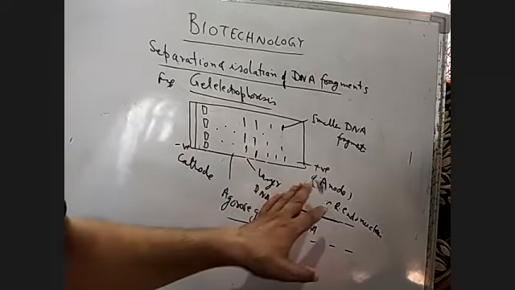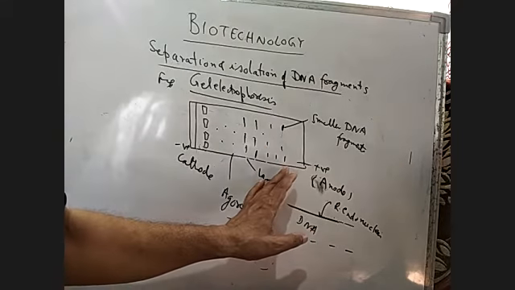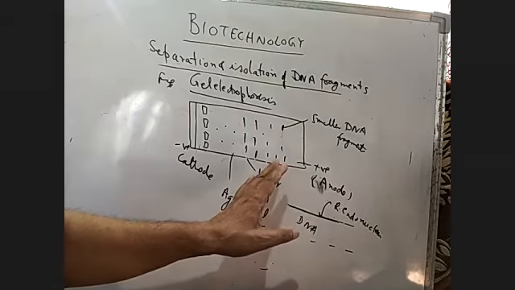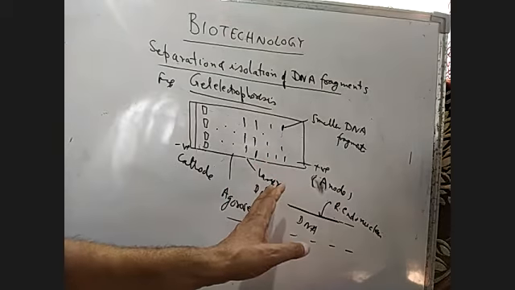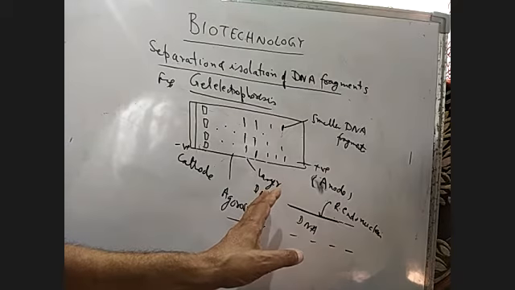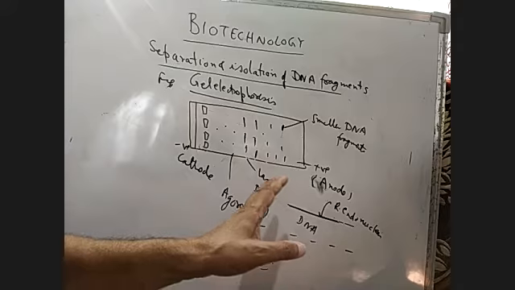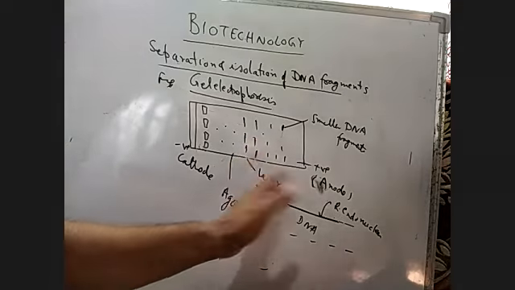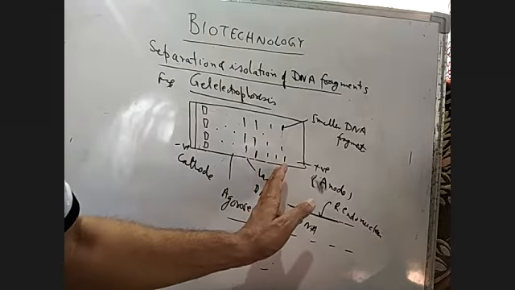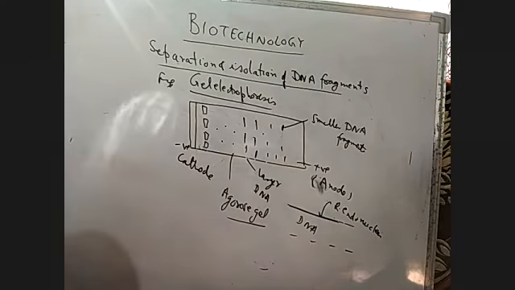DNA fragments are actually negatively charged. That's why they will move toward the anode, the positive charge. They can be separated by forcing them to move toward the anode under an electric field through a medium.